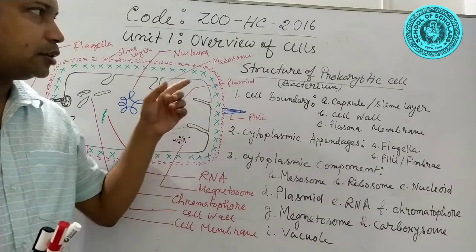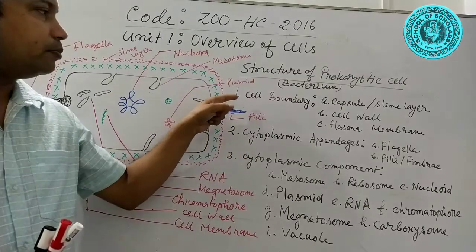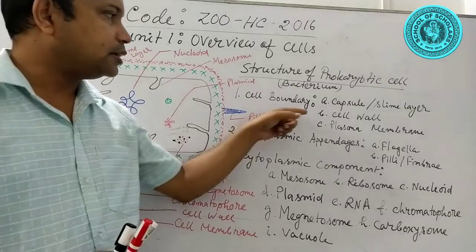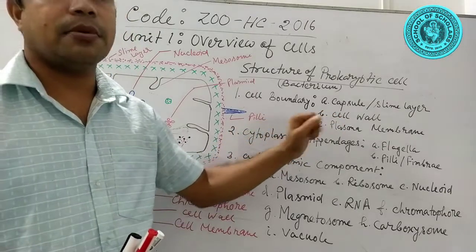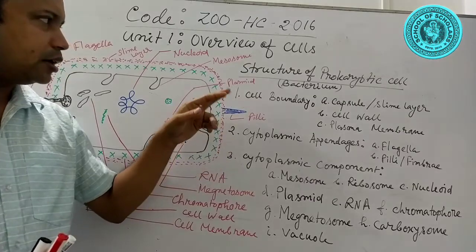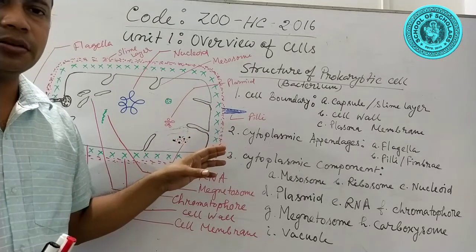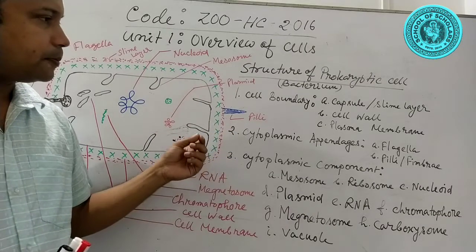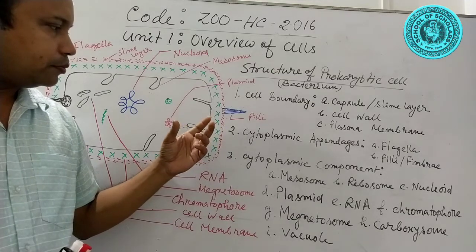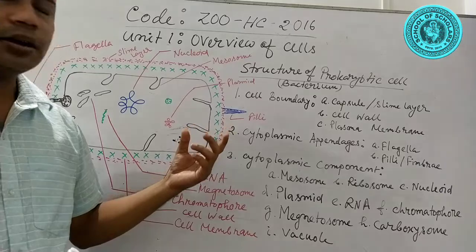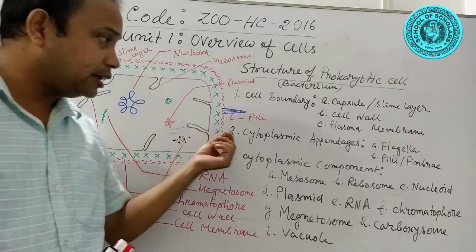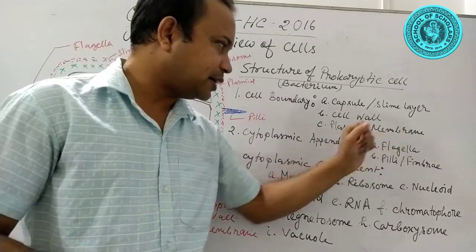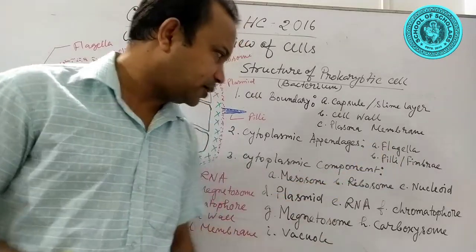You see, the total structure of bacterium is formed of the cell boundary, which includes the capsule or slime layer, cell wall, and plasma membrane. Second, inside the cell boundary, cytoplasm is present, which is a semi-liquid colloidal substance. From the cytoplasm, different types of external projections develop, and these projections are called cytoplasmic appendages, which are flagella and pili or fimbriae.